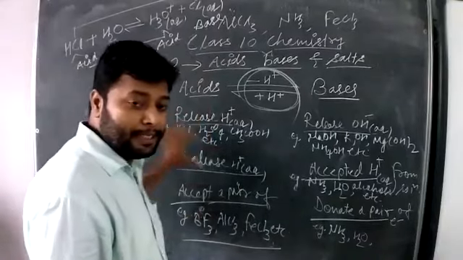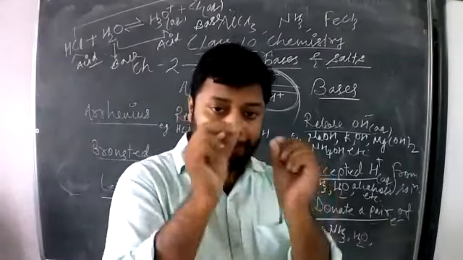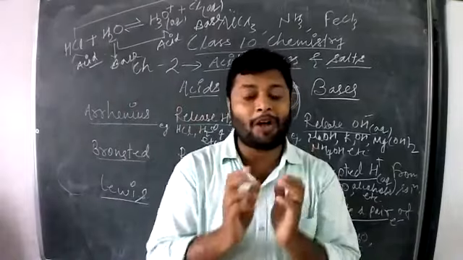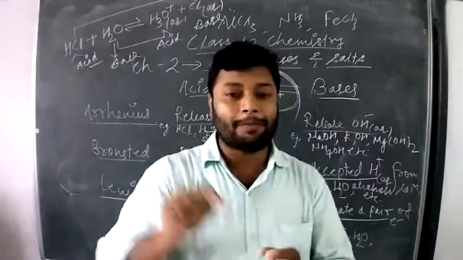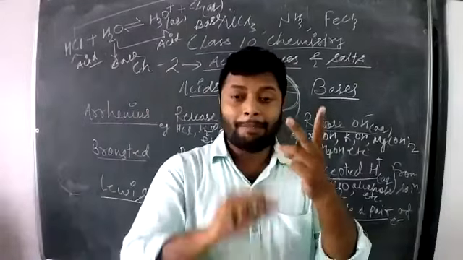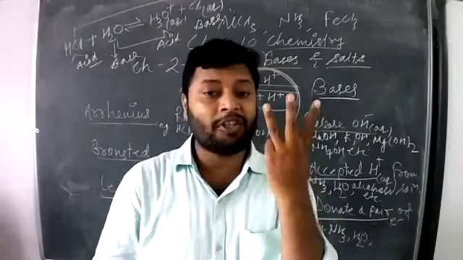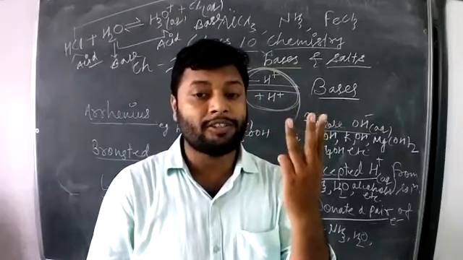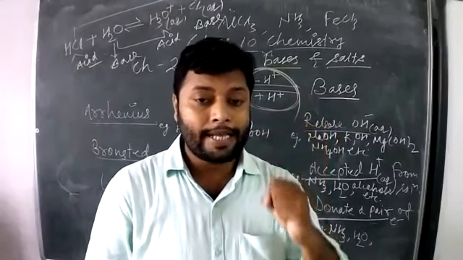Actually, all these three scientists deal with each and every acid and base possible, with the full concept: by the transfer of H plus, by the transfer of OH minus, by the transfer of electron. There are three possibilities to learn this concept. This is all about acids and bases.